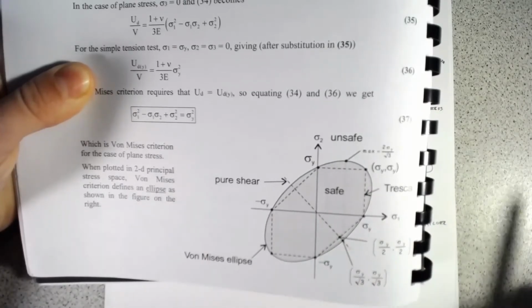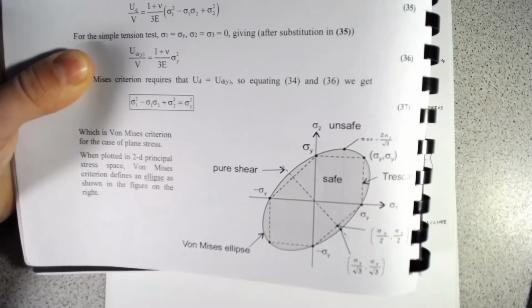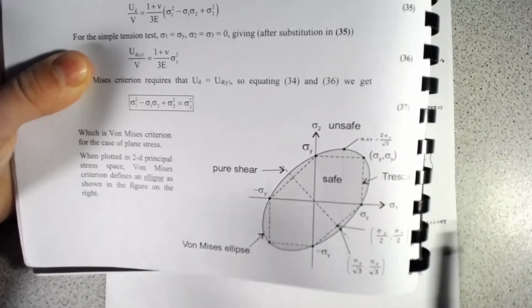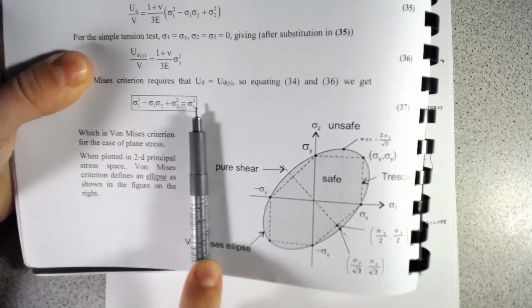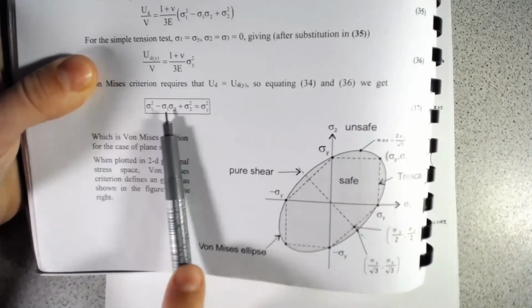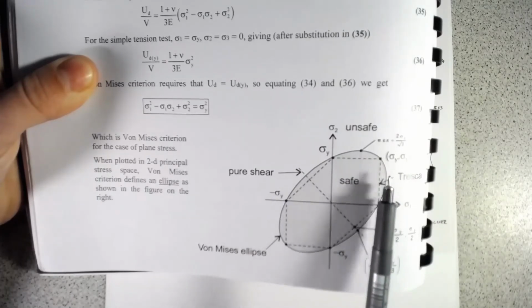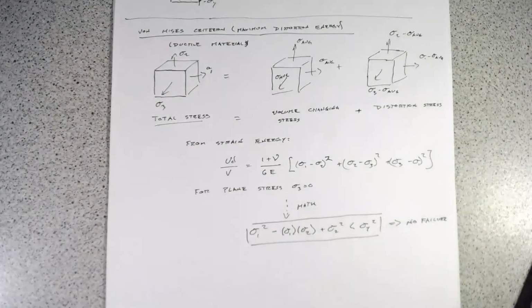And the von Mises actually does a really good job for ductile materials in terms of being able to match up with test data. Just like with the others, if you can find your principal stresses, and if they're all within this locus, it's safe. If they're outside, it's unsafe.